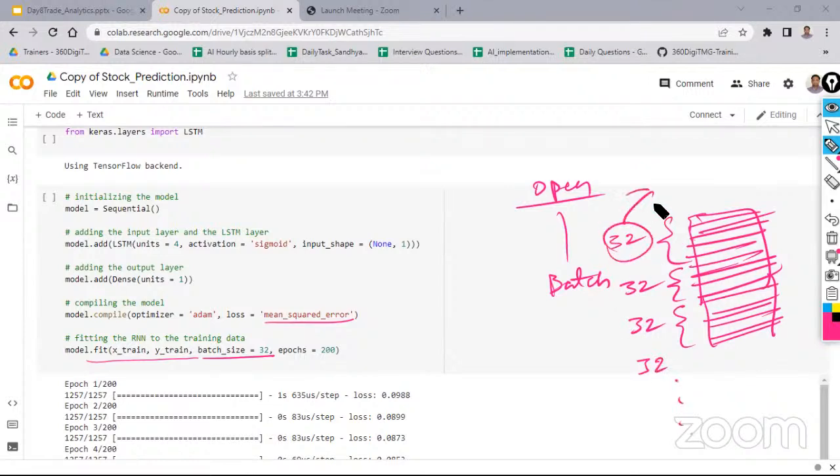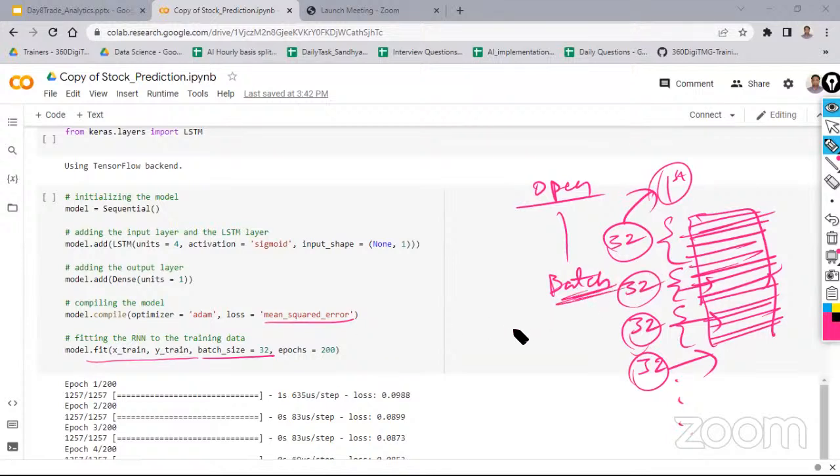So the first 32 gets into the network. Next 32, it will randomly pick and then send it to the network. So that is batch-wise.